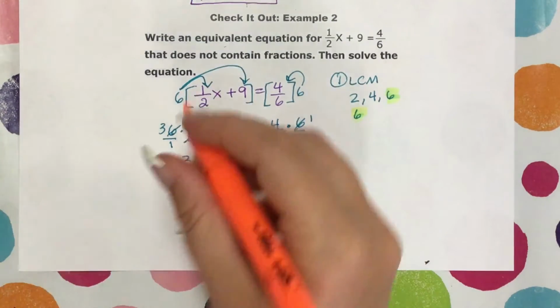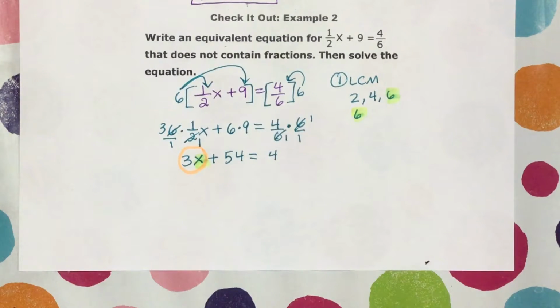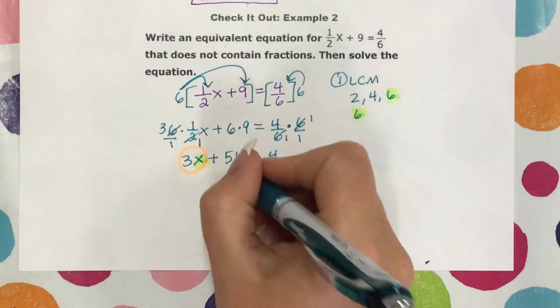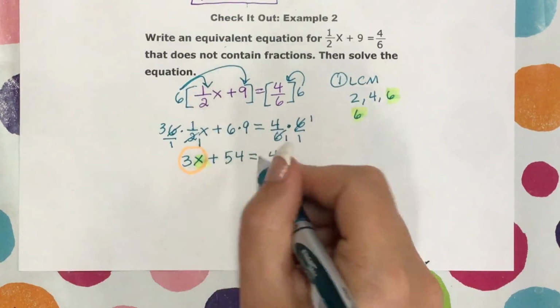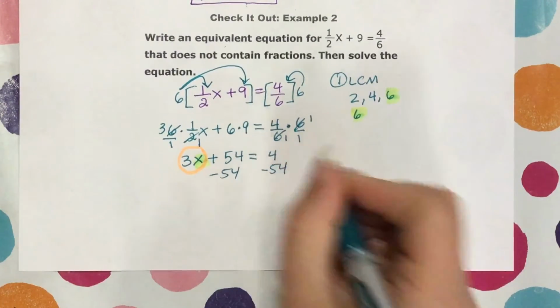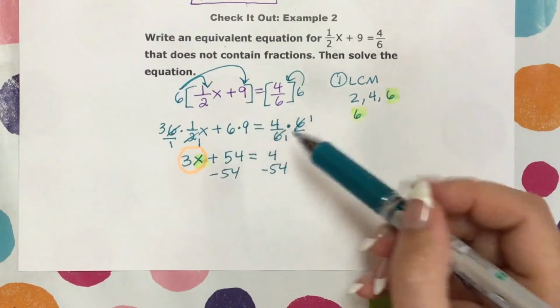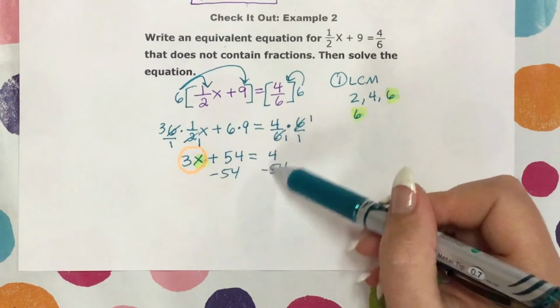So it's a nifty little trick. I'm going to leave this 3x together till the bitter end. So I need to get rid of this 54, so I'm going to do the inverse operation of adding 54, which would be taking away 54 from both sides. Now when I do that, I have a positive 4 and a negative 54, so the signs are different.